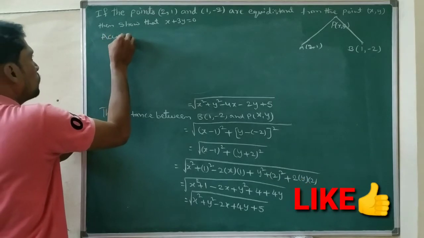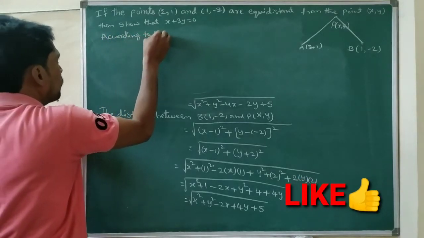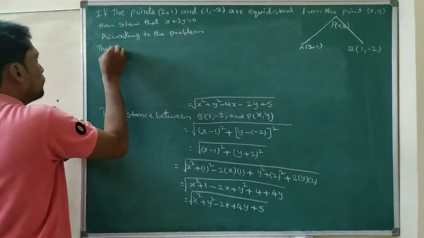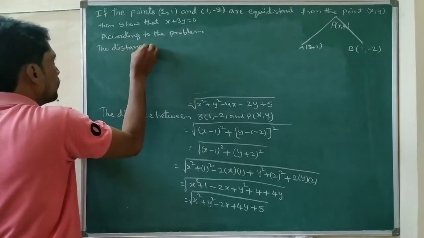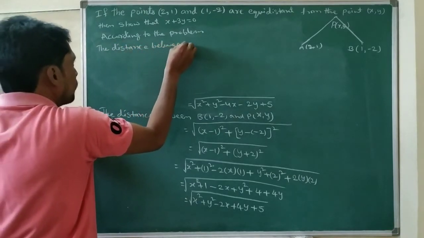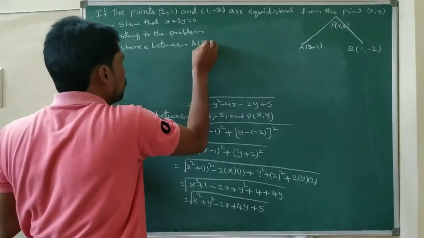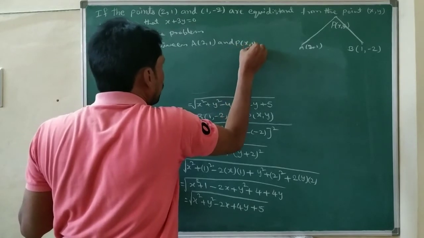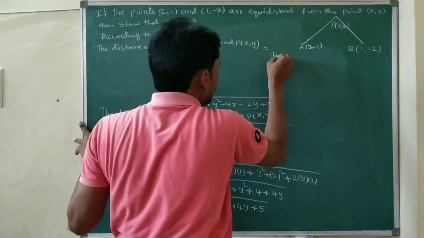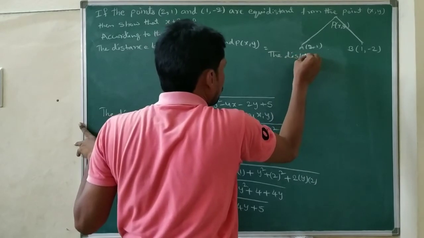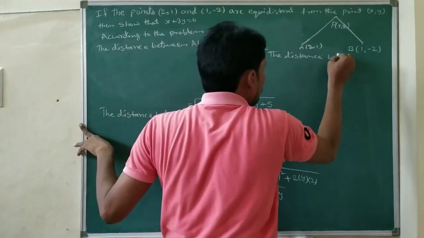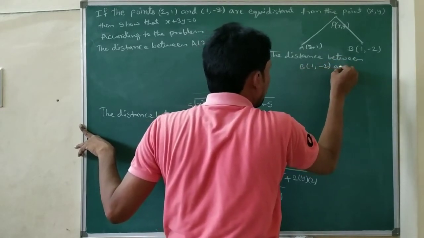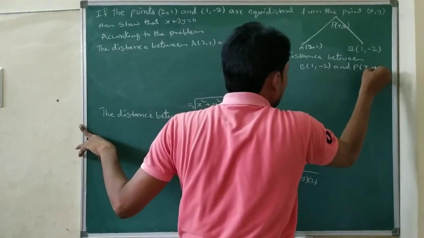According to the problem, the distance between A of 2 comma 1 and P of x comma y equals the distance between B of 1 comma minus 2 and P of x comma y.